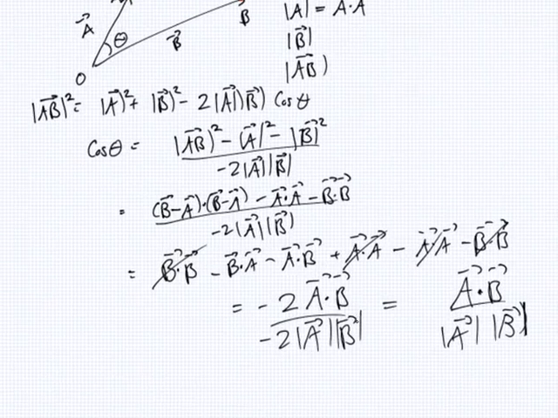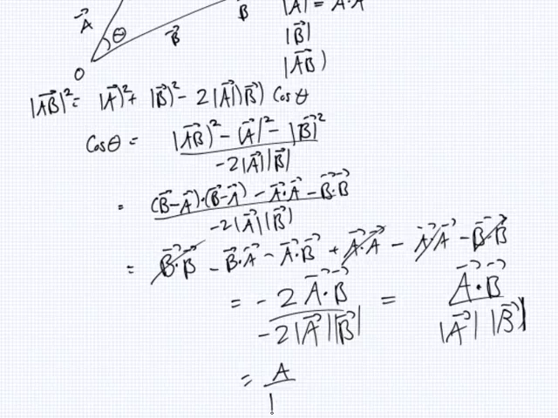So here, this is A over magnitude of A dot B over magnitude of B, and this is the unit vector A and this is the unit vector B. So that's A unit dot B unit.